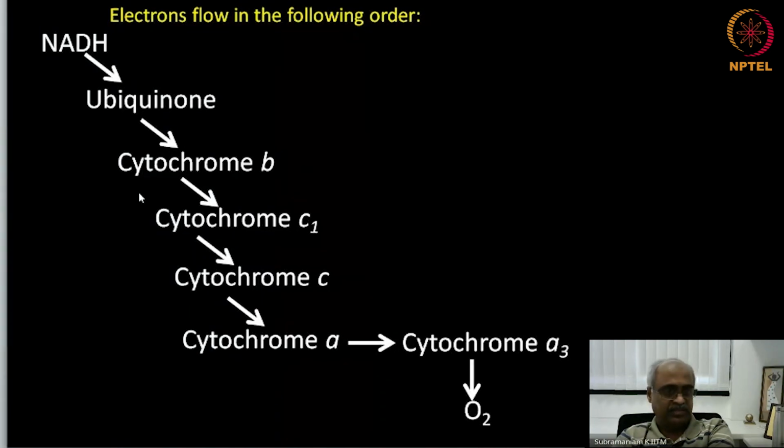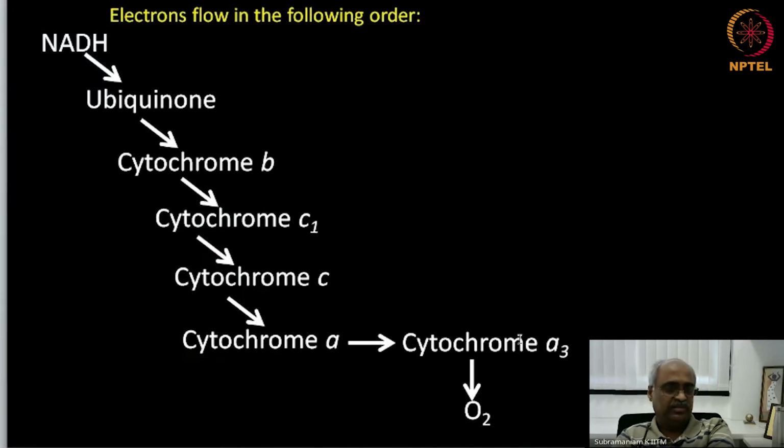Complex 3 is going to have these proteins as part of it, and complex 4 transfers from cytochrome C to oxygen via this a and a3. So this is the sequence scientists have deduced by those 3 means that I just listed.